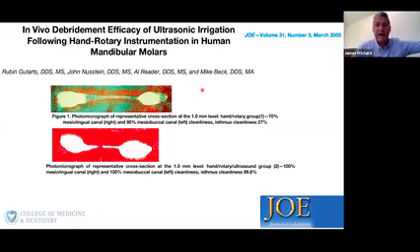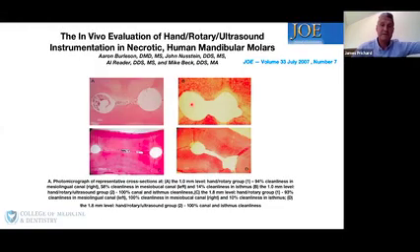If we look at the ultrasonics, and we go back to look at Guttart's paper and Burleson's papers, they showed very clearly that shaping and ultrasonic cleaning of root canals left the canals significantly cleaner than shaping alone, and this is at every level within the root canal space.